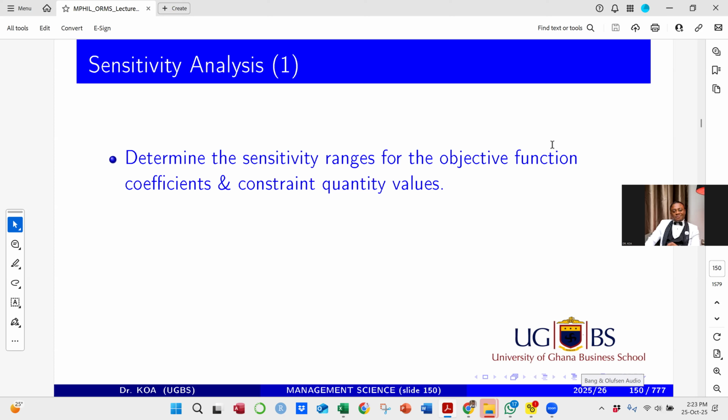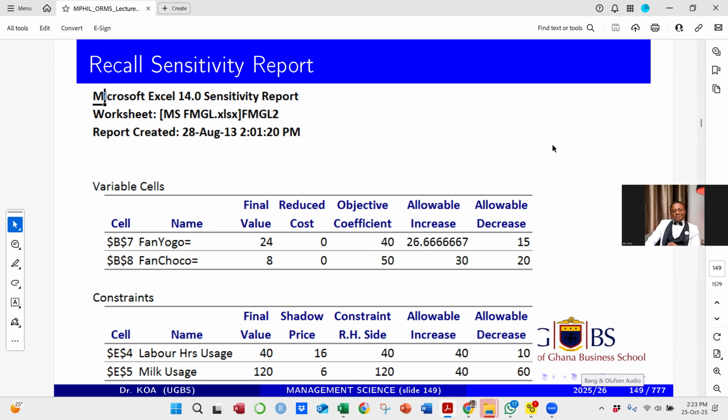So we are now ready to calculate something known as the sensitivity range. We are going to calculate the sensitivity range for every objective function coefficient or right-hand side constraint. I want you to know the definition of the sensitivity range.